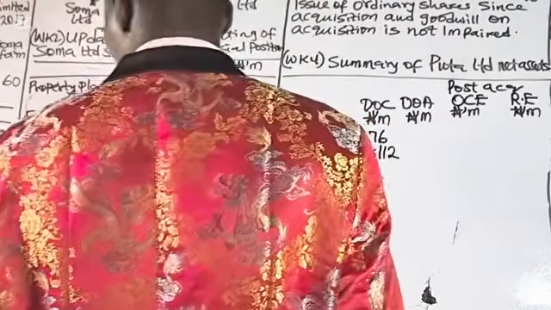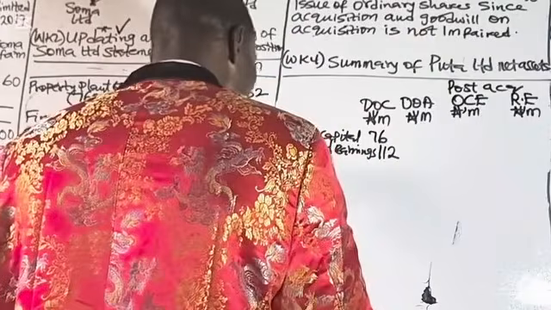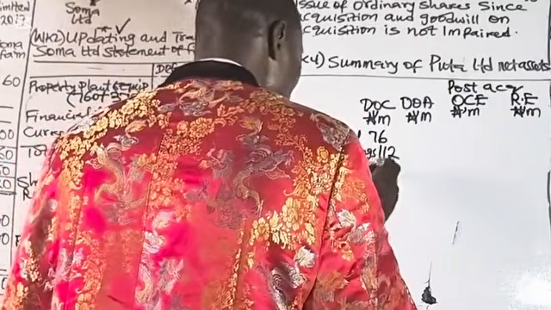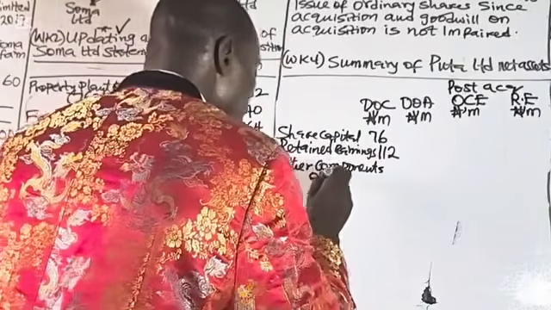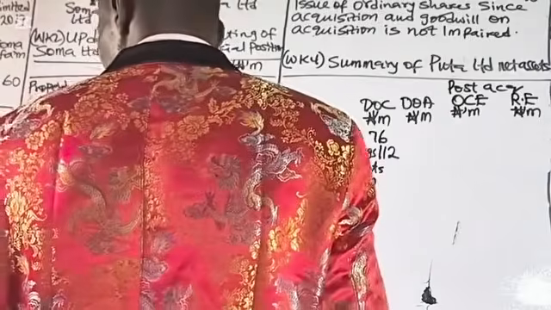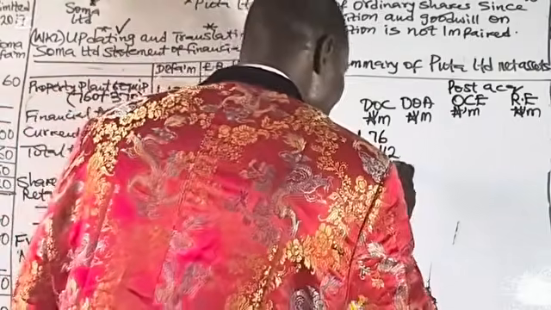This figure was obtained from the statement of financial position. You also have other components of equity. So the figure obtained from the statement of financial position of Puta Limited is 8 million.